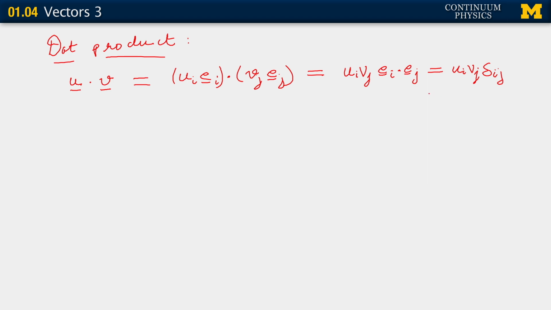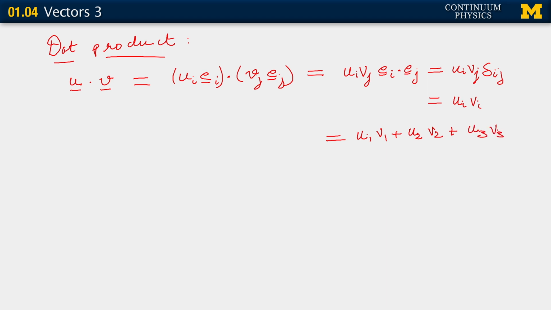So we see that this basically gives us ui vi, summation convention in place. So ui vi is u1 v1 plus u2 v2 plus u3 v3.